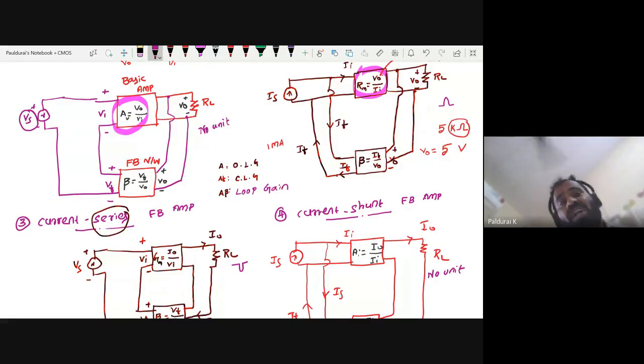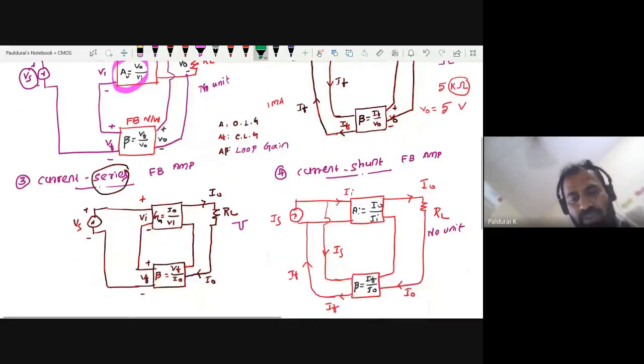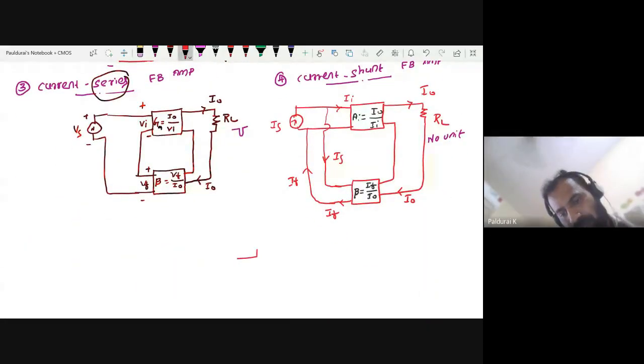Why is it so called loop gain? So what is the procedure to find loop gain? You want to make Vs equal to 0, input 0 or Is equal to 0. To put it simply, this is my simple structure, right? Feed forward, this is my feedback, this is A, this is beta, and here we are giving the input, right?